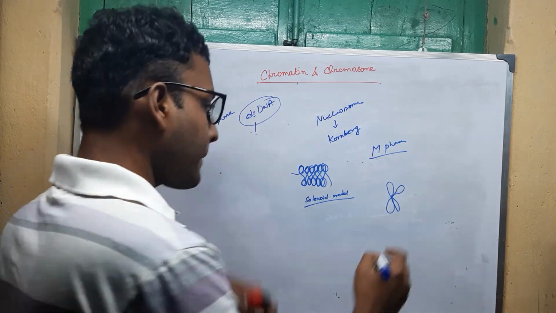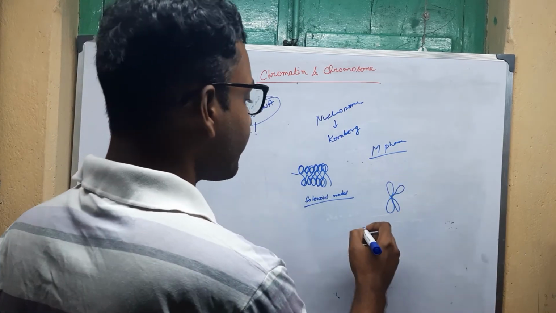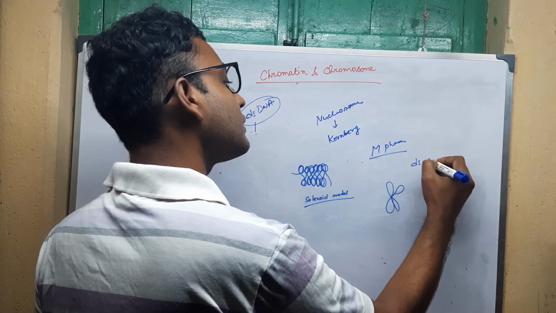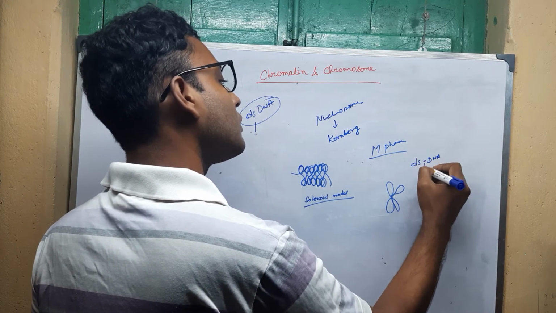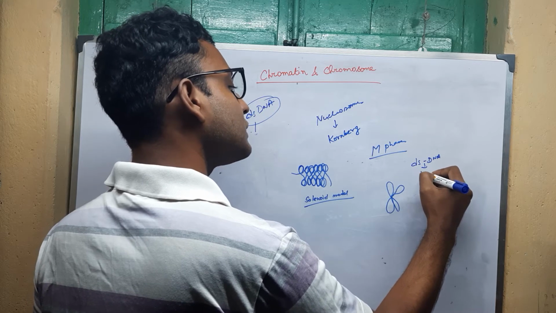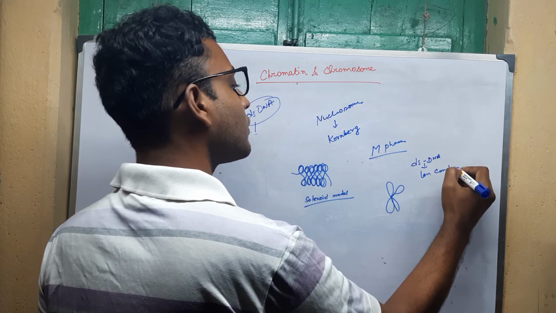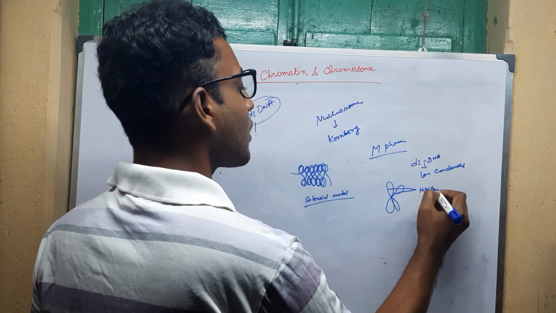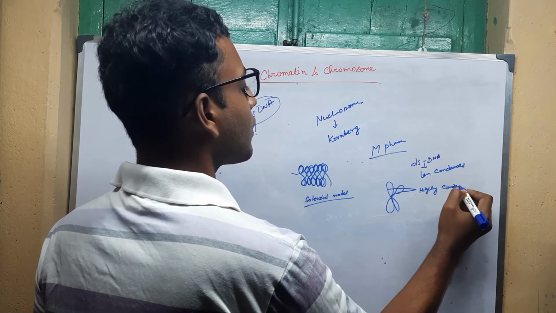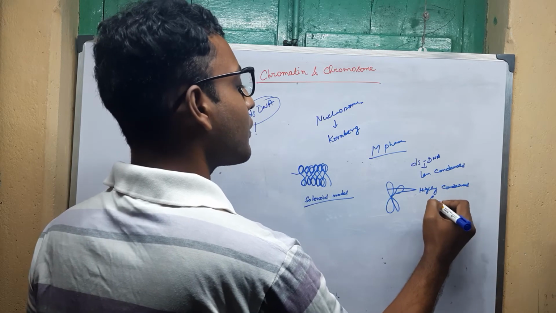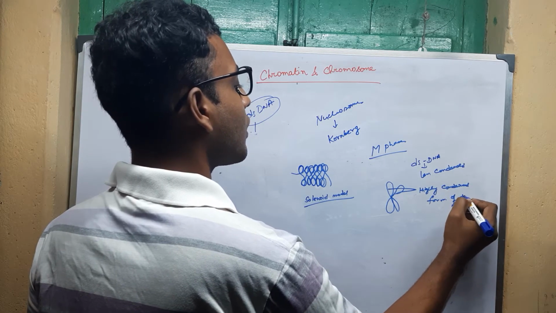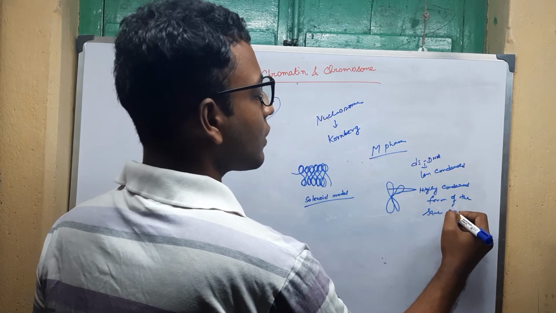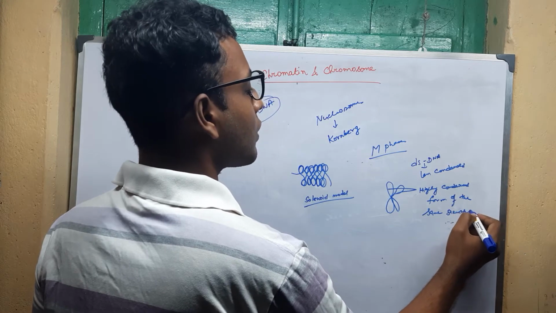And if we look at the structure of the chromosome, this double-stranded DNA was in a less condensed form, and this is the highly condensed form of the same structure.